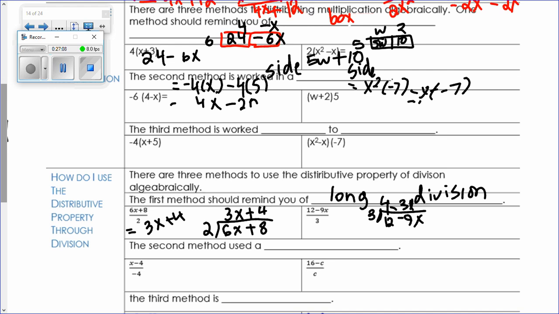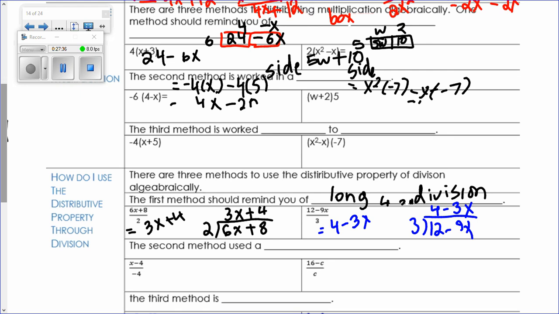Okay, so if you didn't catch that last part, a little bit of scribble there, but just redoing it. 3 root 12 minus 9x. 12 divided by 3 is 4. Negative 9 divided by 3 is negative 3, and your x just comes up. So your final answer here is 4 minus 3x.